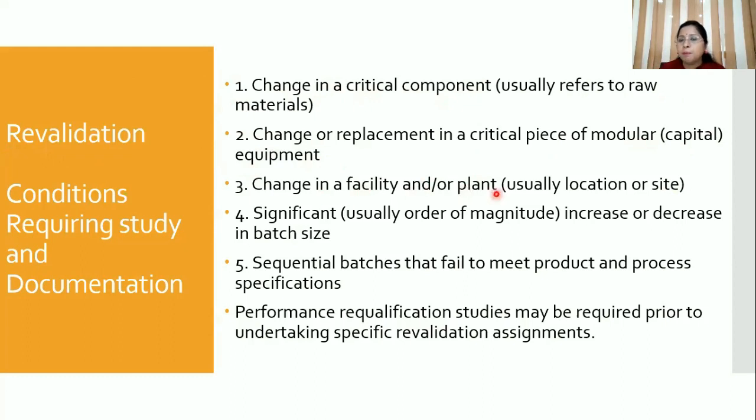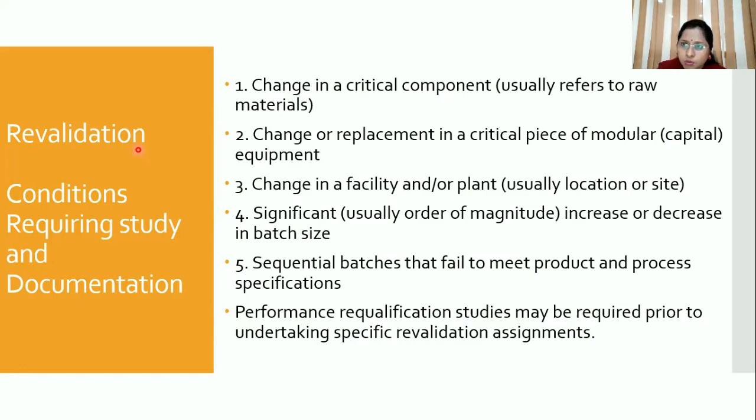Change in the facility or plant, usually location or site. At that time we'll go for revalidation. It means if Zydus Cadila is having so many plants all over India, and a prospective validation is prepared for one product at one place, it will not hold the same for all, right?